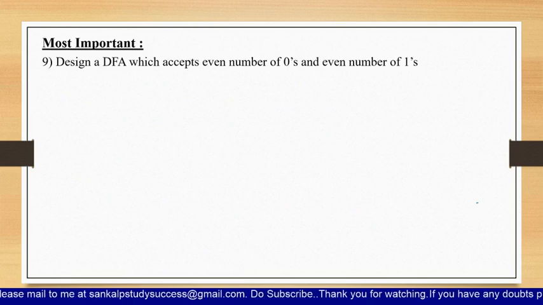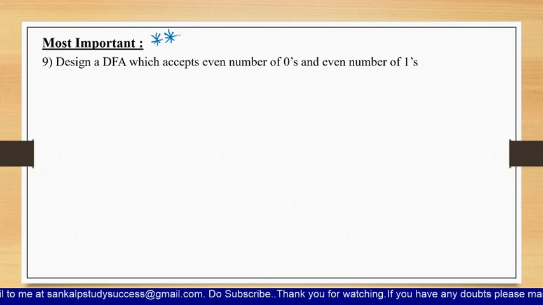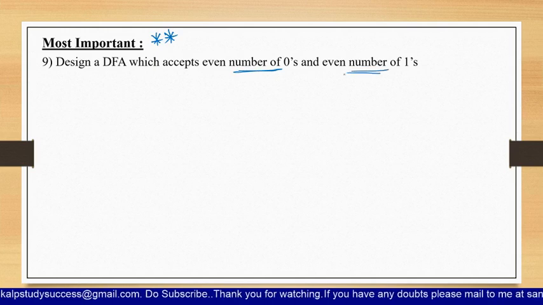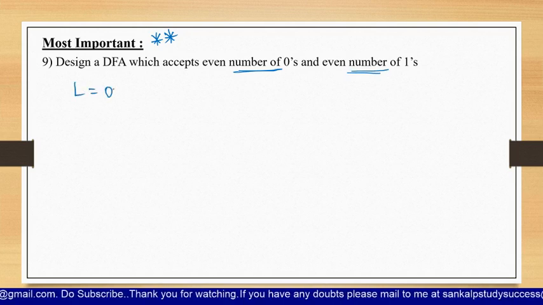Now coming to the most important question, and it is the most repeated question in most of the exams: a DFA which accepts an even number of zeros and an even number of ones. That means what might be the language generated here. So let us take L equals: even number of zeros, right?